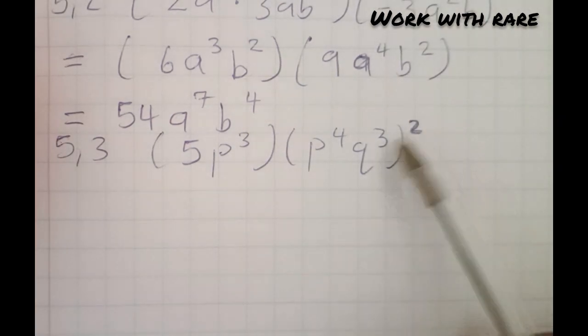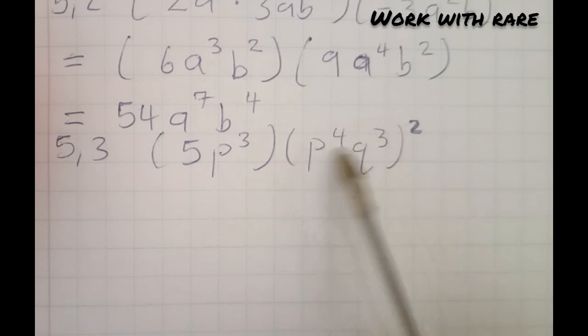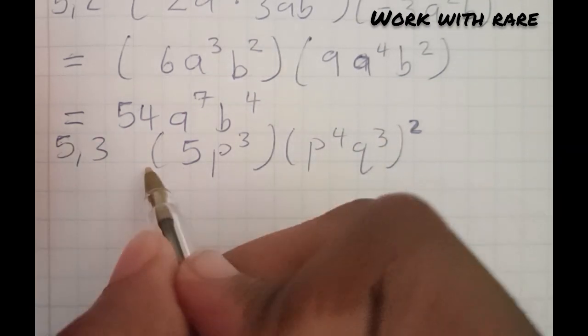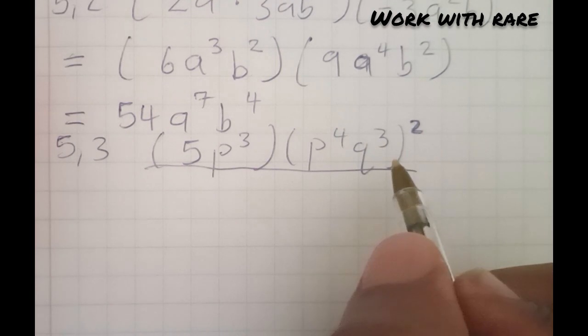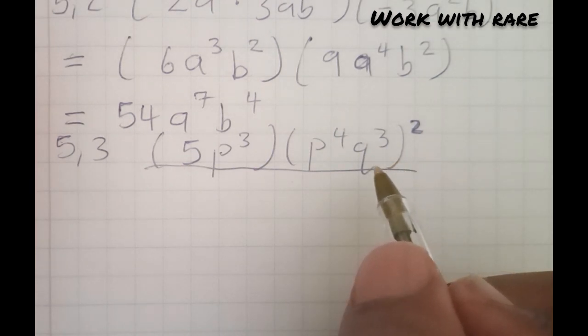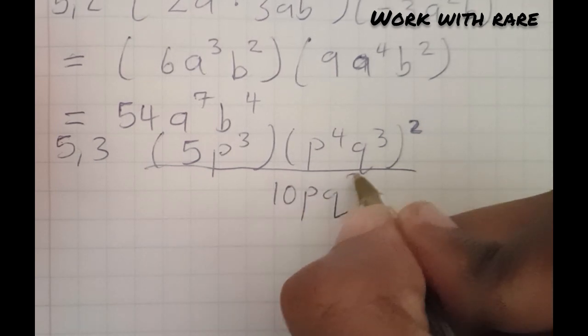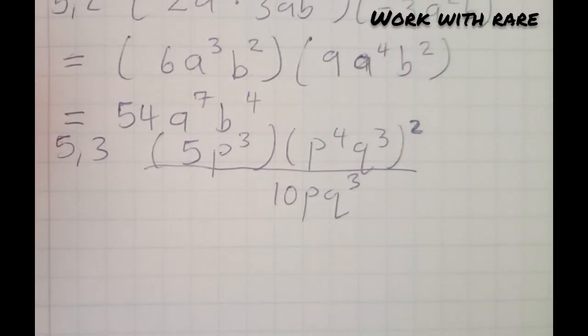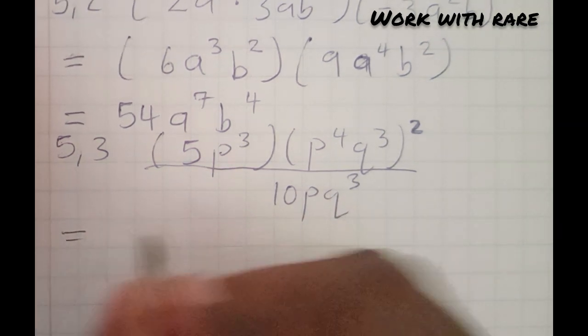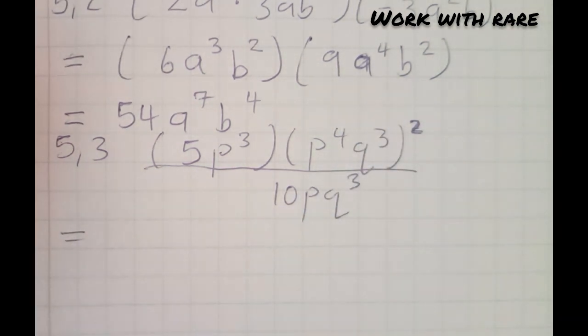So this 2 will affect everything that is inside the bracket. All over 10pq to the exponent 3. So first step, like I said, this 2 will affect everything that is inside the bracket.